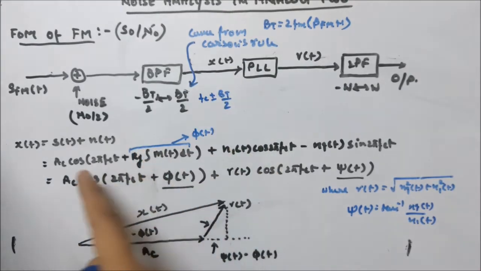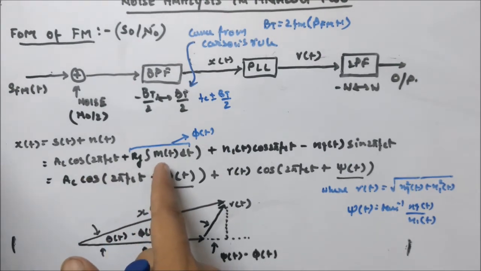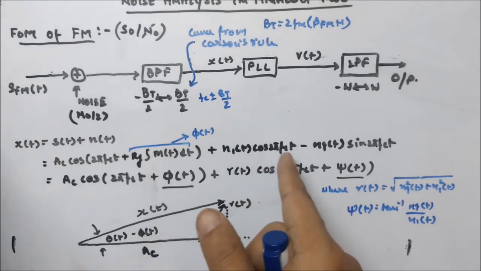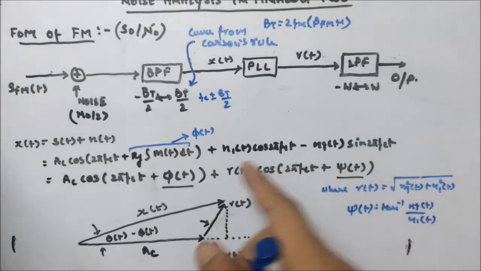Okay, now I will plug in the values: Ac cos(2πfct + kf ∫m(t)dt) + nI cos(2πfct) − nQ sin(2πfct).